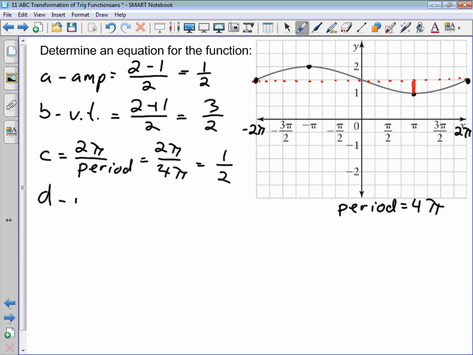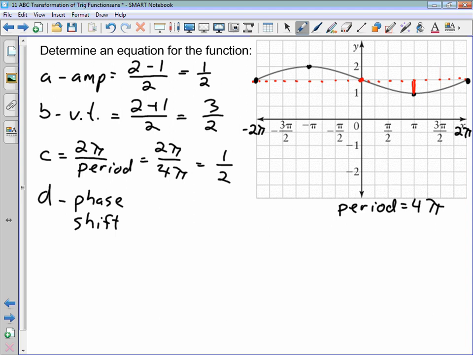D is our phase shift. To determine our phase shift, we have to decide, are we working with a sine function or a cosine function? For a sine function, we expect it to start right on this mean line that I've drawn dotted in red at x equals 0. Now what we see starting from this point on the mean line is that it goes down.